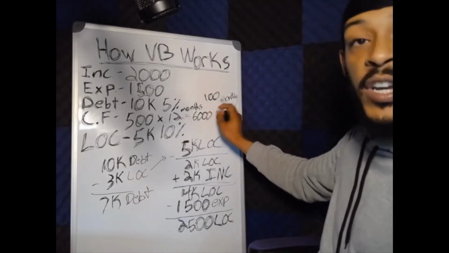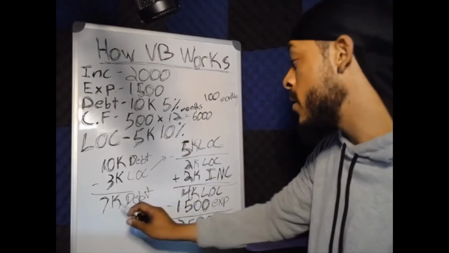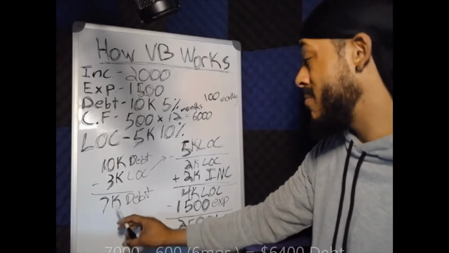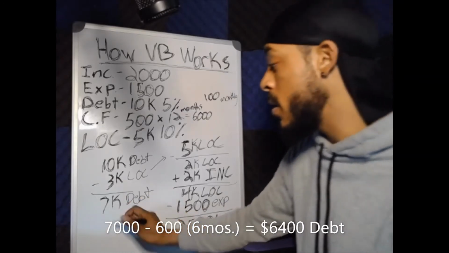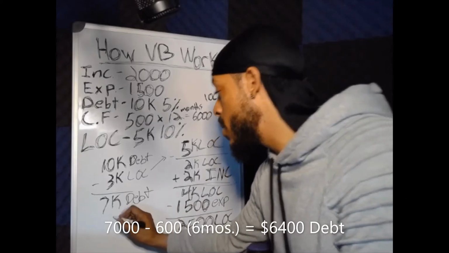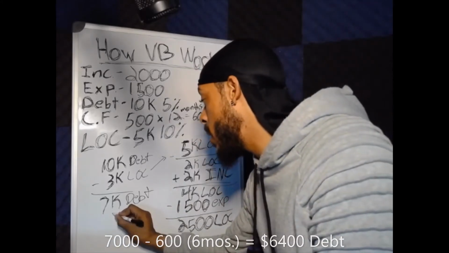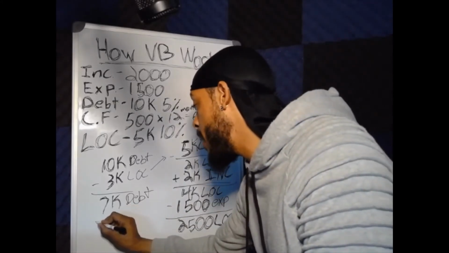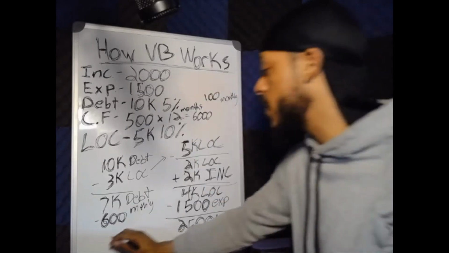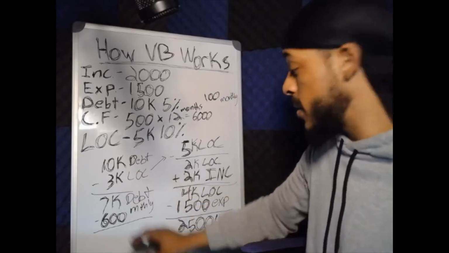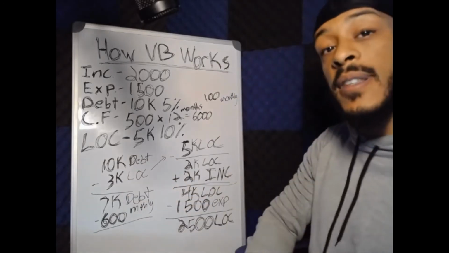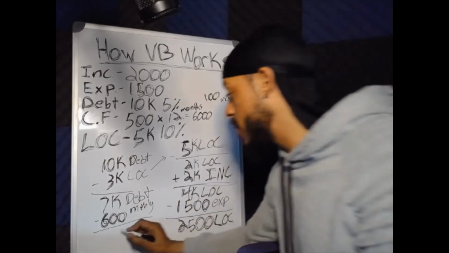So $600 gets taken out of the 7. That brings that to 64, right? Stick with me. 6 months after making $100 payments, that brings your debt balance to $6,400, right?